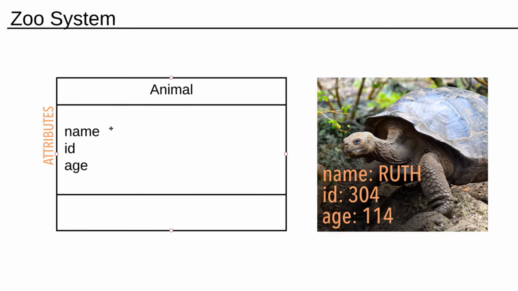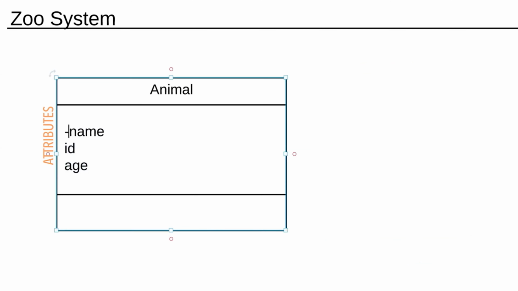These need to be formatted a certain way though. You start with visibility, which we'll talk about later, the name of the attribute beginning with a lowercase letter, then you follow it with a colon and the data type. For the name, we want to return a string, and we can format the other attributes the same way, except that we want to return an integer since these are integers. Now that we've got some attributes for our animal class, we get to the bottom section here.